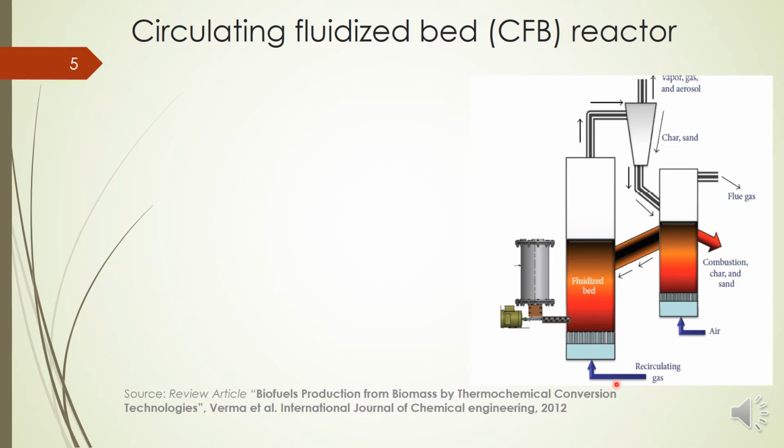Here we will be using more velocity as the fluidizing gas, so the fluidized particles moving through the gas will go through a separator here, and this separator will separate the char and sand, and it will be returned here. We will combust this char as a source of heat. We can combust this char in the second reactor, and these are connected. So that is the idea of the circulating fluidized bed reactor.